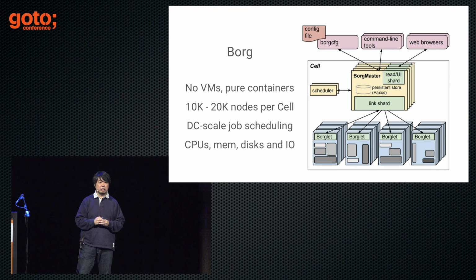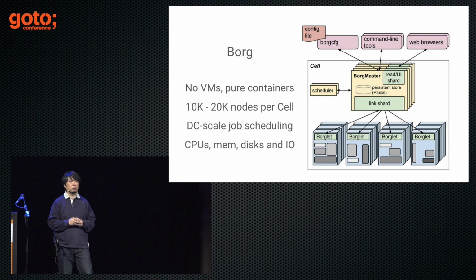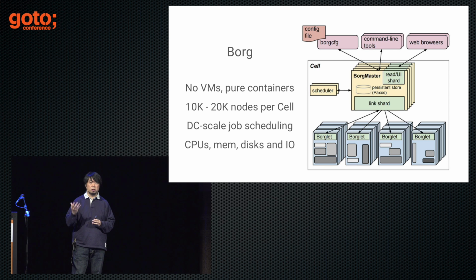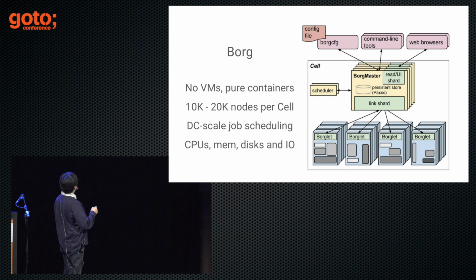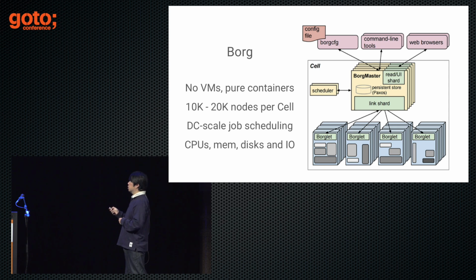And also a container technology called Borg. Borg is our proprietary container technology we have been using for over 10 years for deploying almost all Google services, such as Google Search or Gmail or Google Maps. Borg containers can hold up to 10,000 or 20,000 physical servers in a single cluster, so that you can do large-scale job scheduling, like scheduling the CPU cycles or memory spaces or disk IOs at that scale.